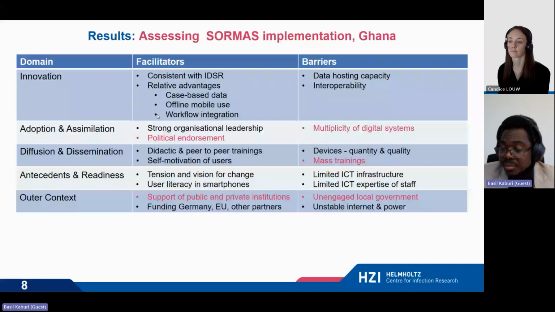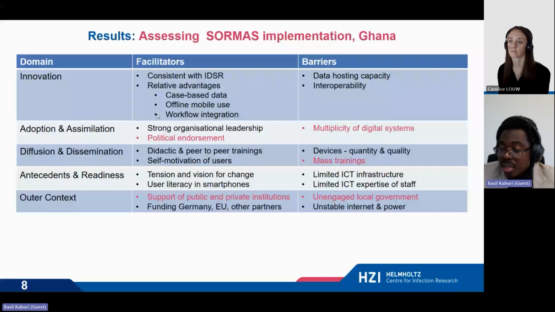The other context had to do with the support the implementation obtained from other stakeholders that are not within the Ghana Health Service. And so private institutions within the country supported in terms of logistics and even availing their staff to participate in the trainings.